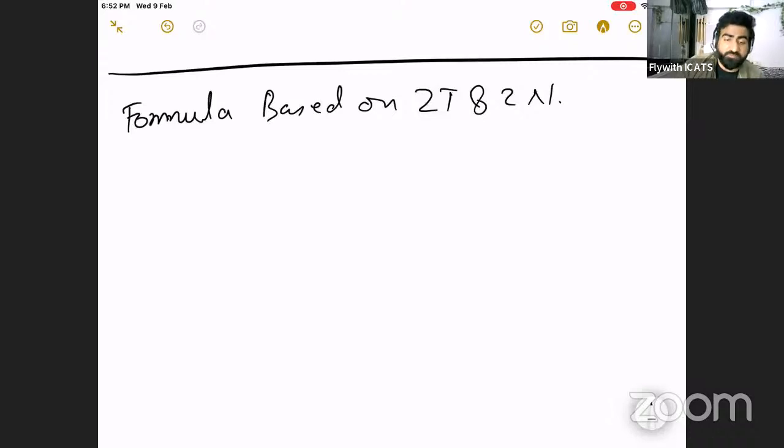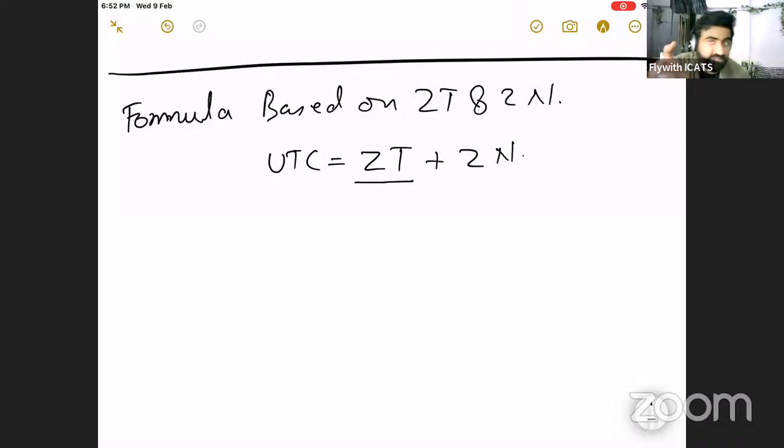What is the formula given to you? UTC is equal to zone time plus zone number. Now this zone time, one technique we already know, that zone time is given as +1, +2, +3, +4. But another way to find zone time, more accurate, is what I'm going to show you right now.